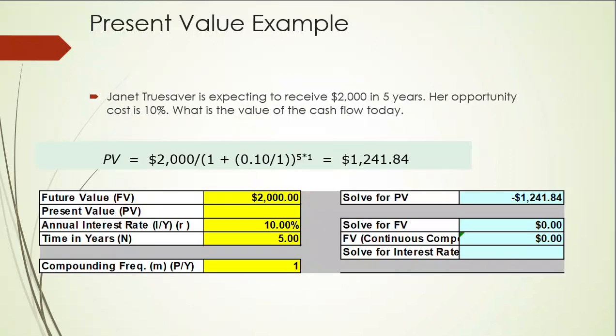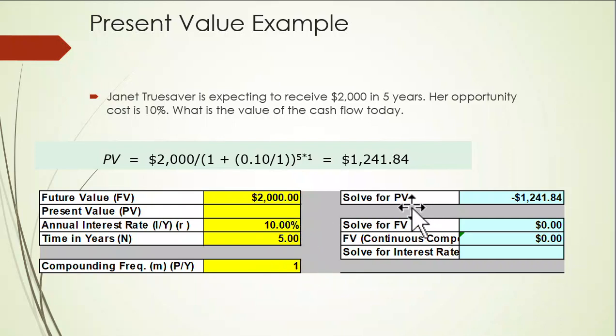So here's our example. We're going to get $2,000 in 5 years. Opportunity cost is 10%. What's that value in today's money? 2,000 is the future value. It's a positive number. Interest rate's 10. 5 is the time in years.